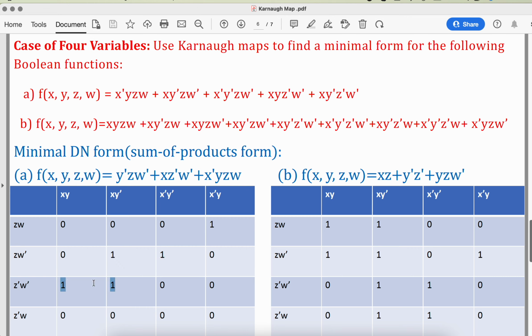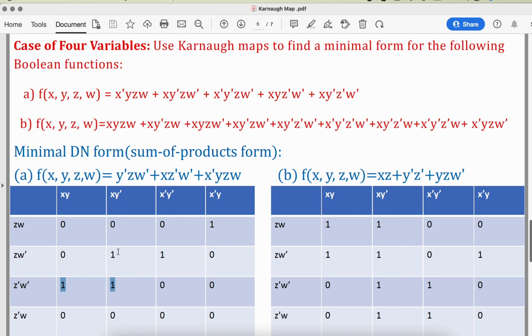Another is this rectangle, which gave X and Z' W', because Y is in complemented and uncomplemented form. And this is an isolated square, X' Y Z W.